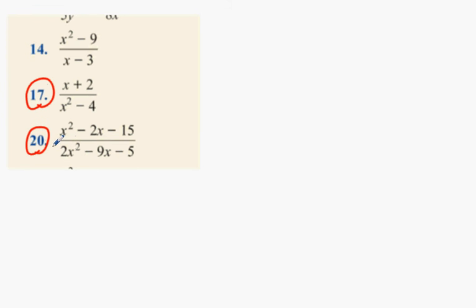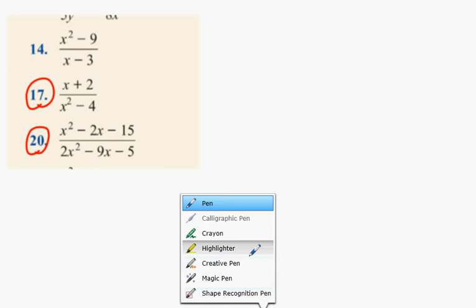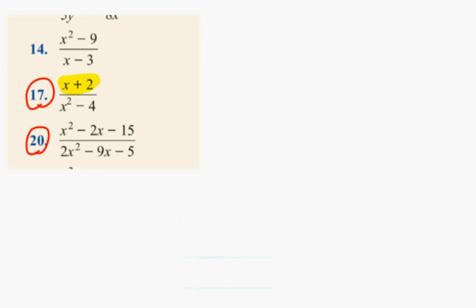Now, in question 17, do you think the top is fully factorized? Is x plus 2 fully factorized? Is there anything I can take out? Is there a letter they have in common? No, I mean x and 2. I don't see any letter or number they have in common. As far as I'm concerned, I'm satisfied with that.